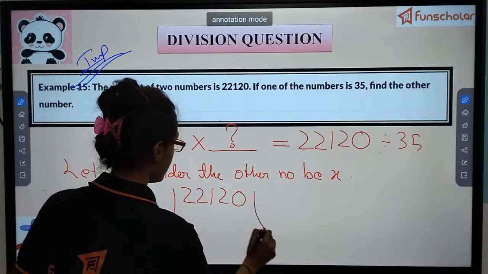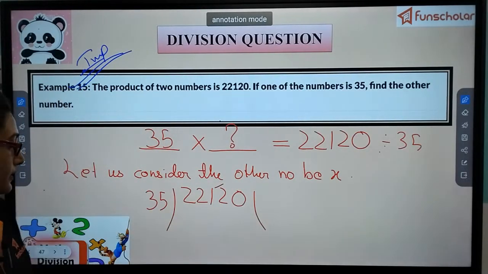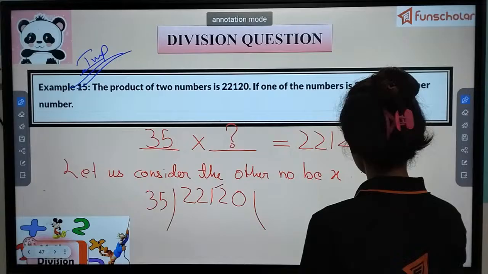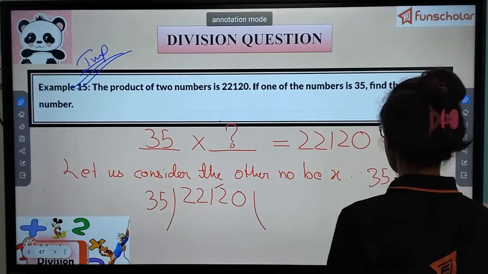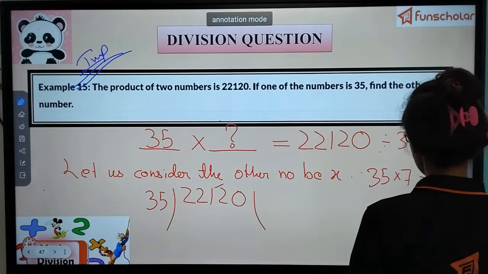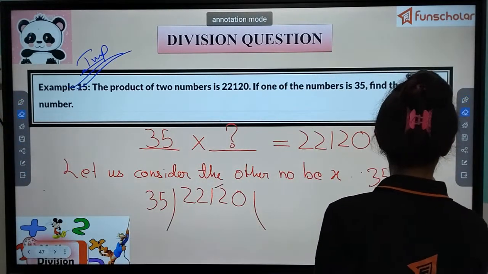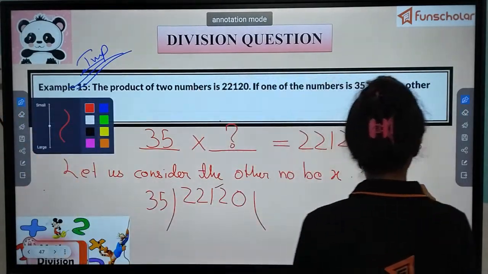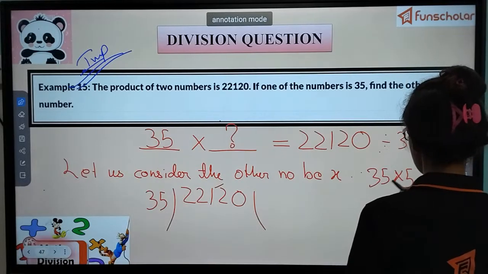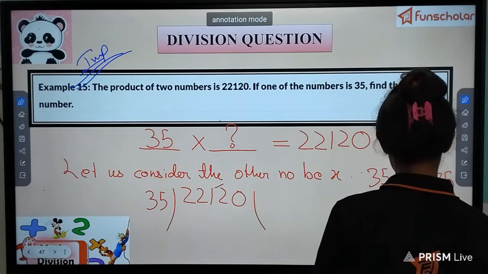22120 divided by 35. 22 is smaller, so we will take 221. Now let's take number nearest to 221. 35 into 5, 35 into 6.